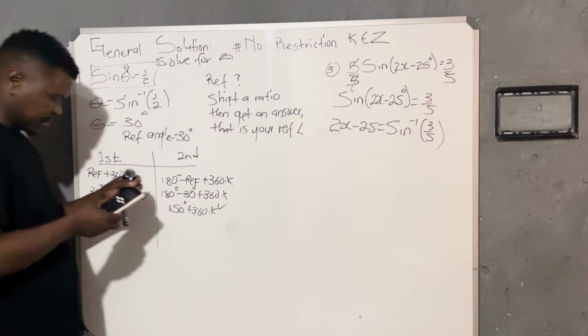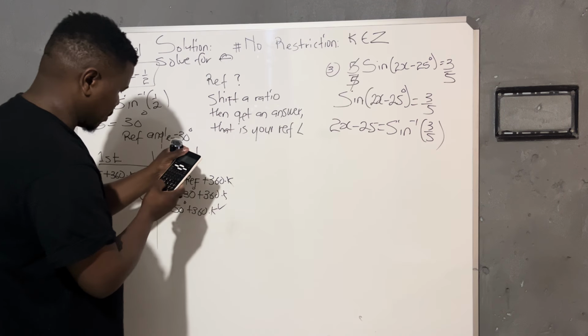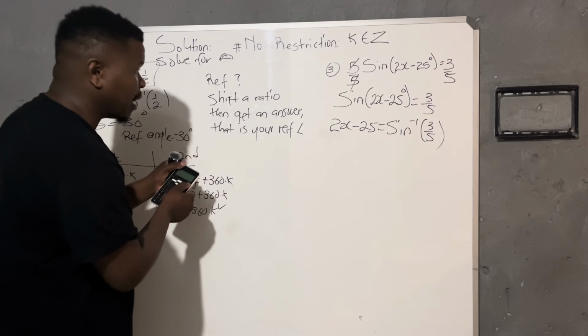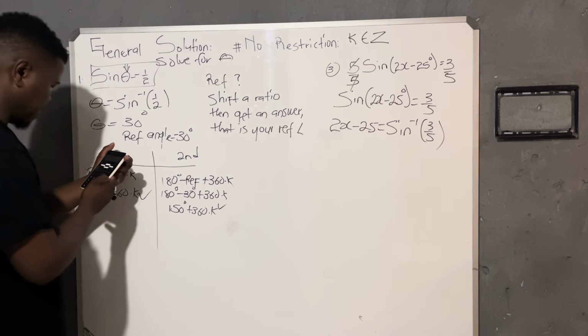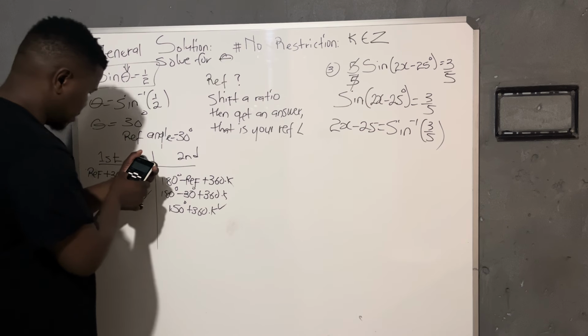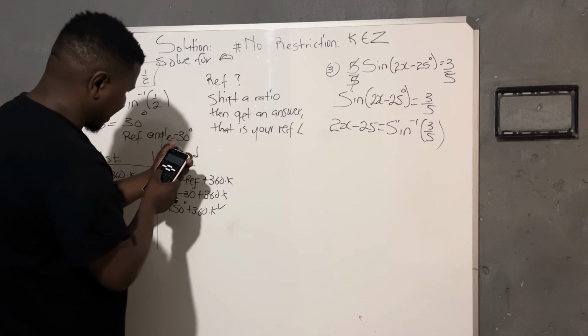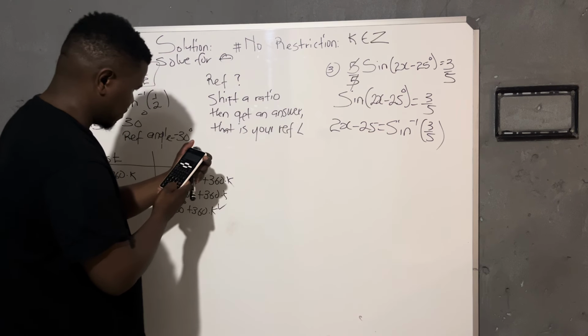Now let's shift sine inverse of 3/5, which is 0.6. So shift sine of 0.6.